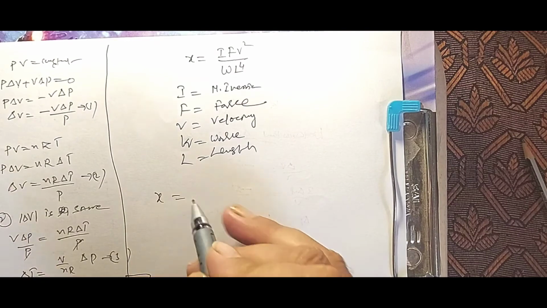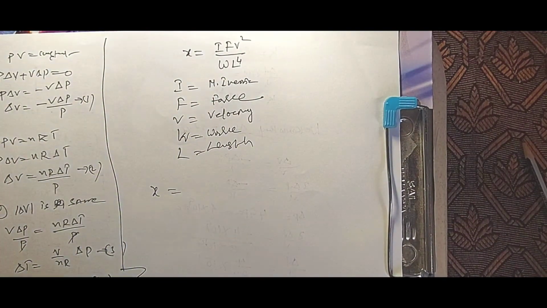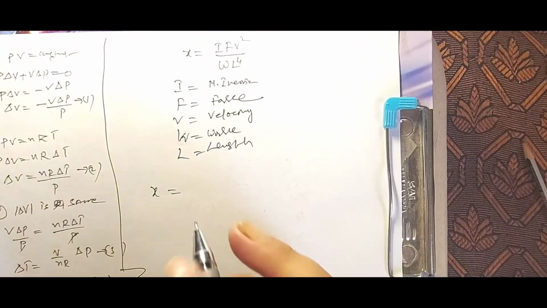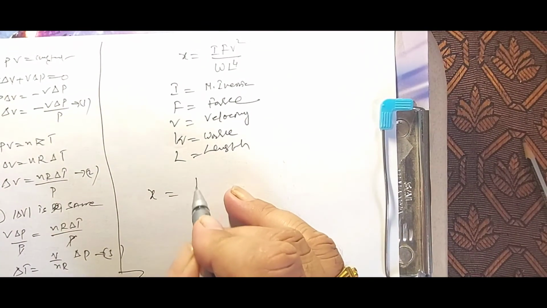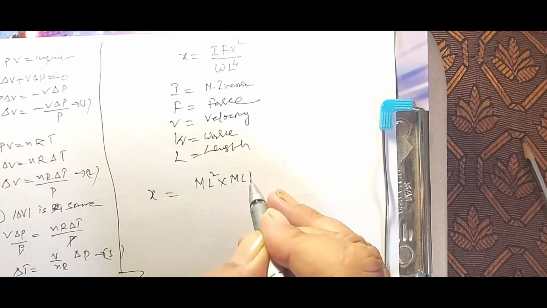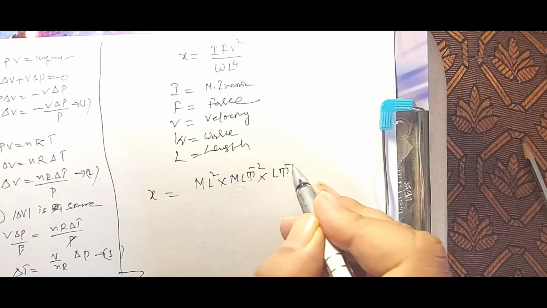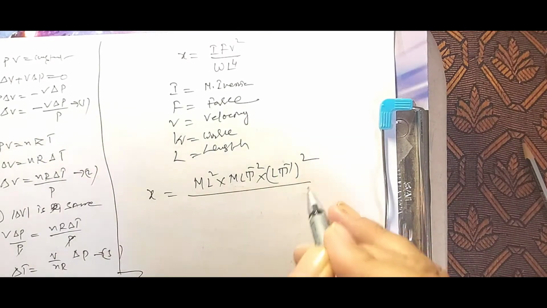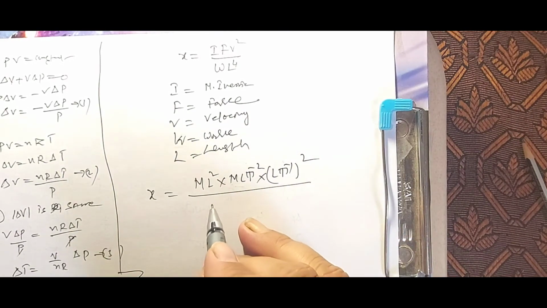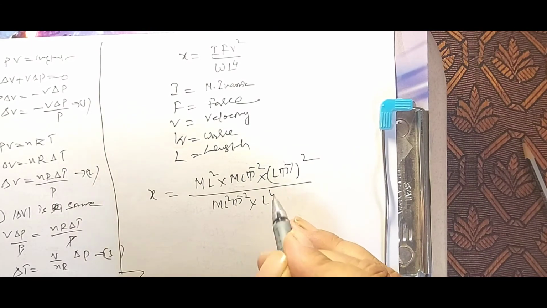Now x is equal to, write the dimension formula for every term. Moment of inertia ML square, force MLT power minus 2, velocity square LT power minus 1 whole square, divided by work ML square T power minus 2 and L to the power of 4.